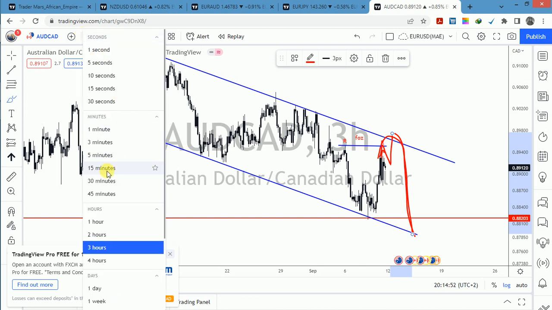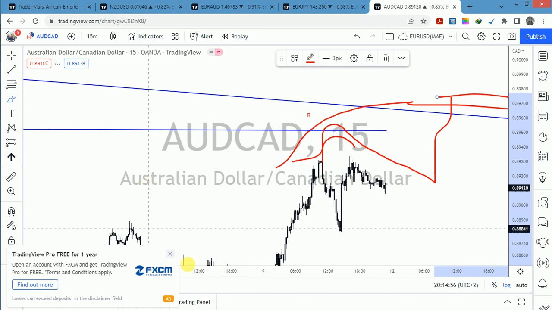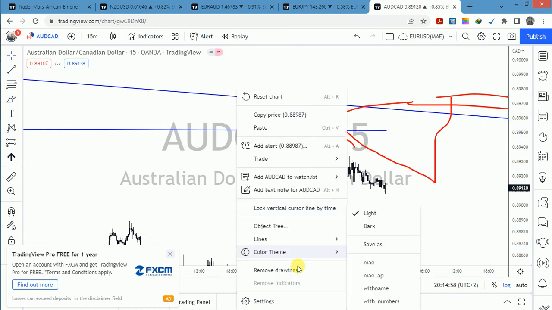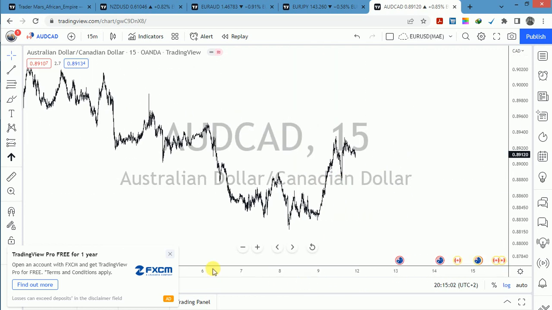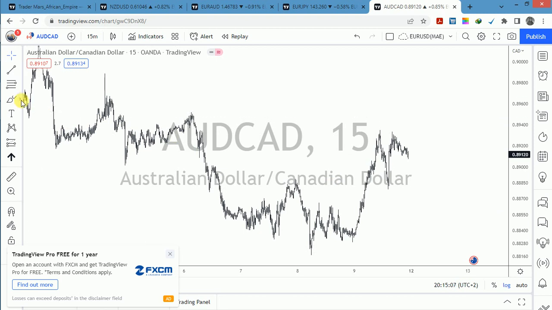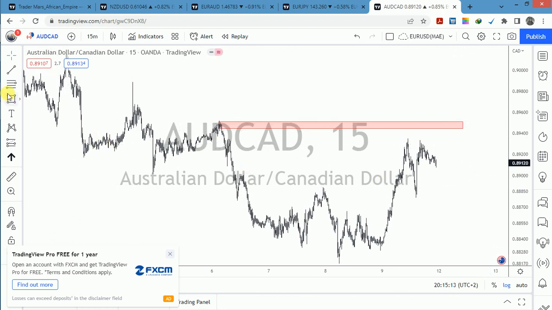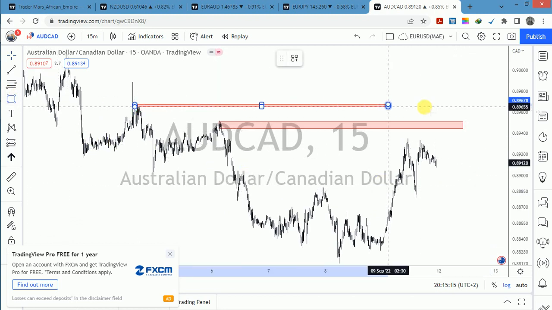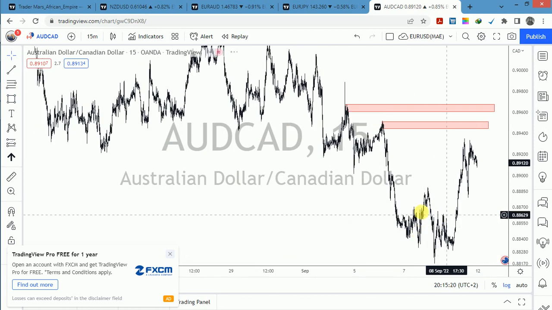Let's see if there are any actions on smaller time frame. Okay, so there's that zone there, and then there's another zone here that we might use to go down.